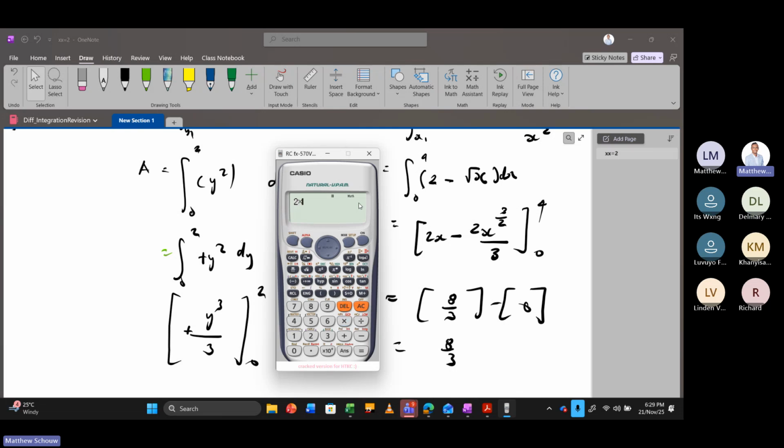multiplied by 4 minus 2 to the power 3 over 2, divided by 3, right? Equal, no, am I missing something here? 2 times 4.